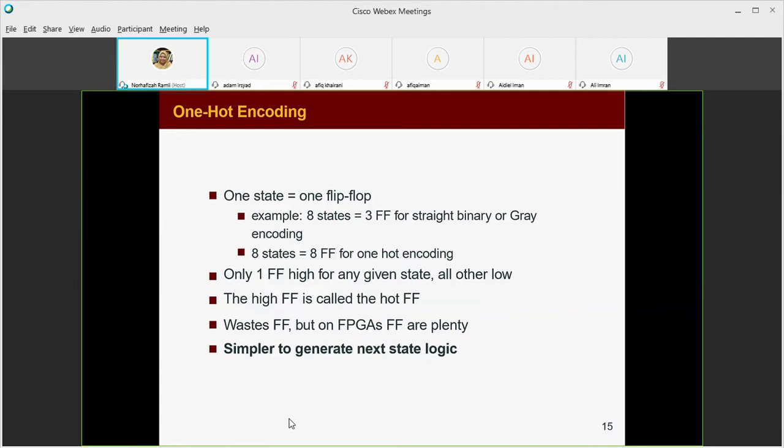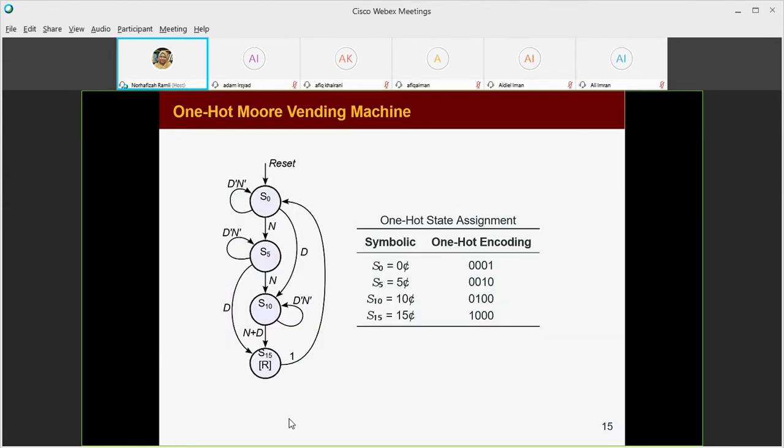Now, for example, this vending machine which we discussed before, if you use binary coding, this is just for comparison, or you say straight binary, you will use here 4 states, maybe 00, 01, 10, and 11.